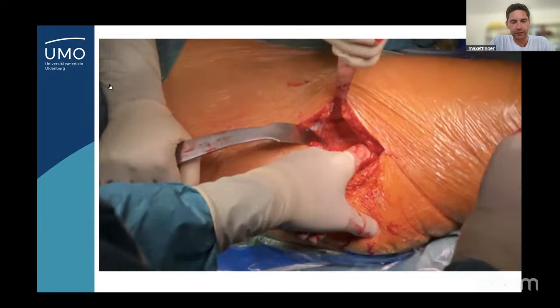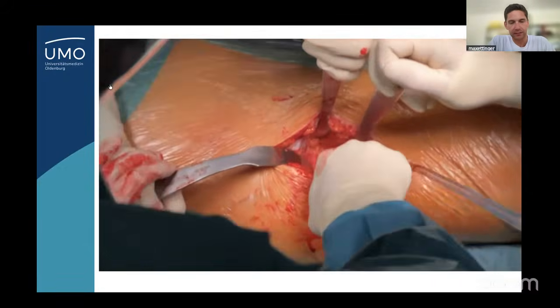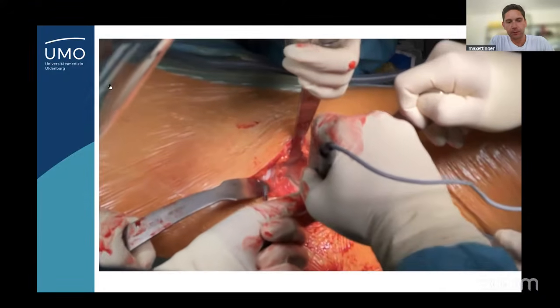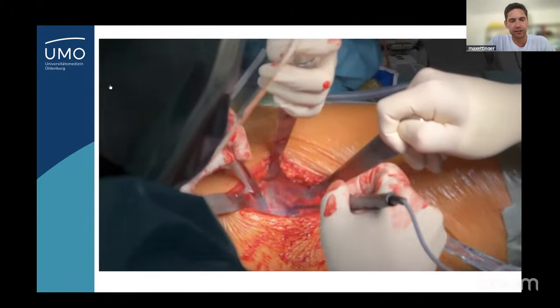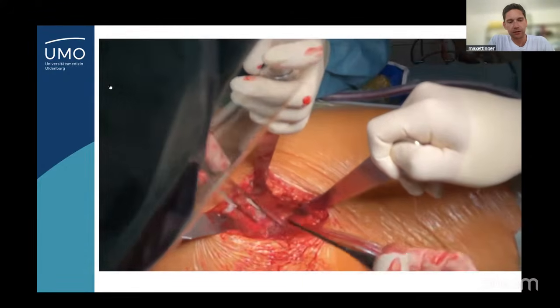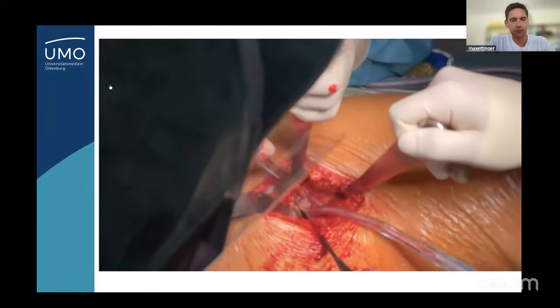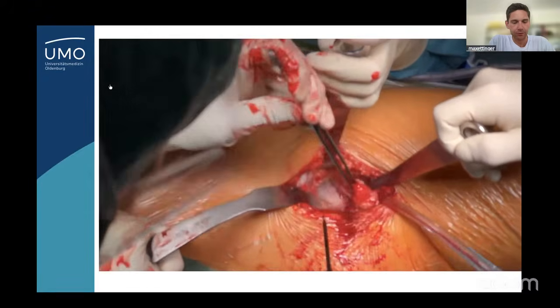There's the femoral neck already. You see no bleeding. You are really nice in that interval. So there's the neck. Then open up the capsule. I do it T-wise, as you see here. I resected it. I never reconstructed it afterwards. It's not necessary, in my opinion, in this approach.